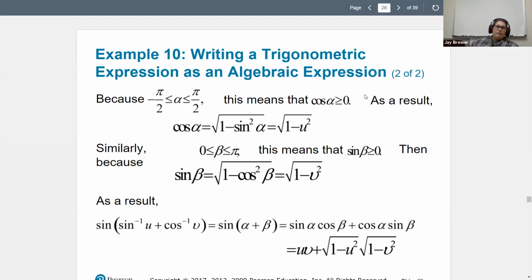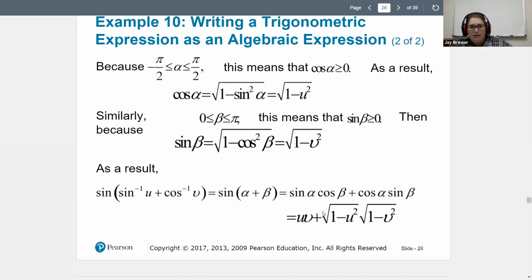So if we pay attention to your substitutions, you're going to get cosine alpha is equal to the square root of 1 minus u squared. Similarly, sine beta is going to be the square root of 1 minus v squared. So if we shove everything in, we end up getting uv plus the square root of 1 minus u squared times the square root of 1 minus v squared.